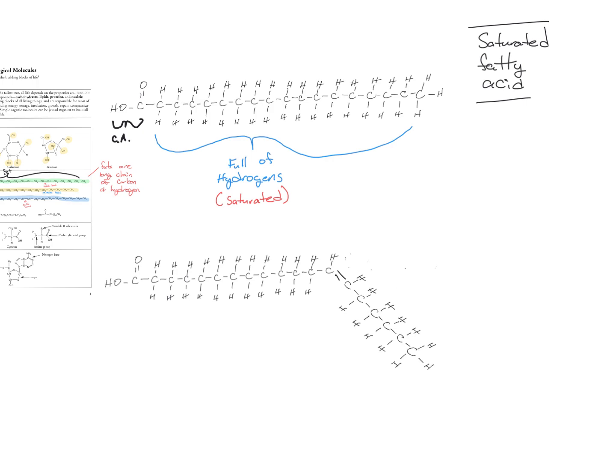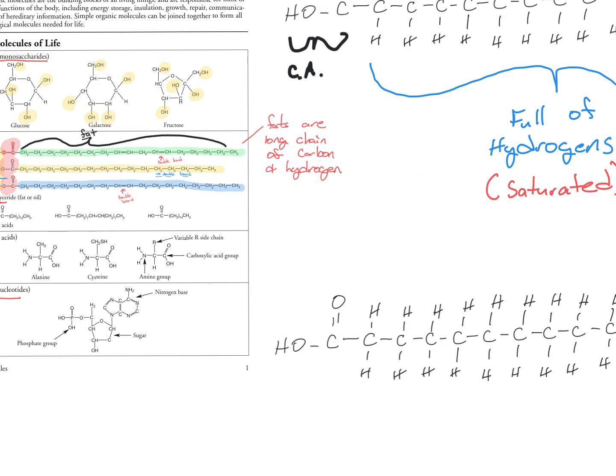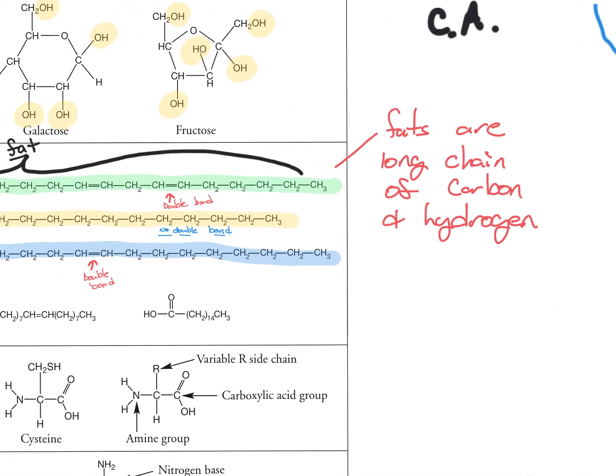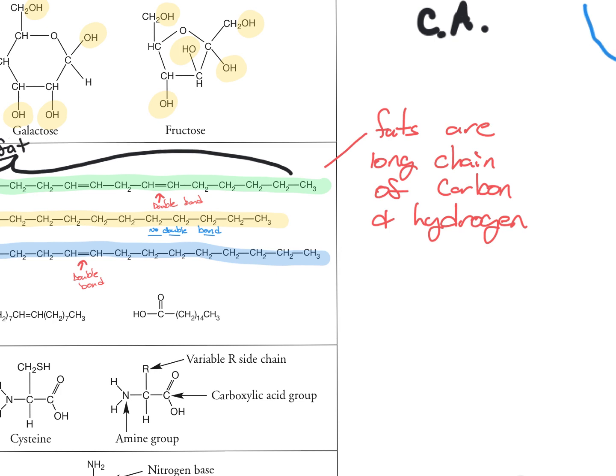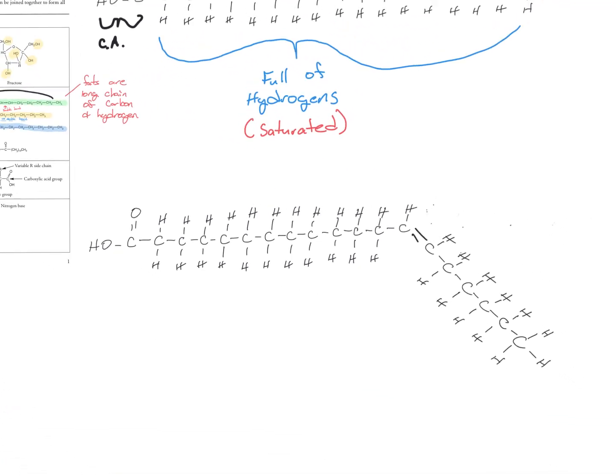Now let's go ahead and take a look at the diagram that you have and see how they drew it. Look at it. Do you see that this is CH2, but now this is CH, and this is CH? It's missing a hydrogen. Why? Because each carbon can only make 4 bonds. So it bends.